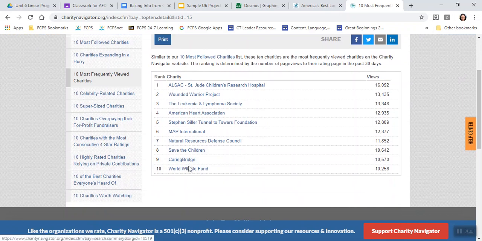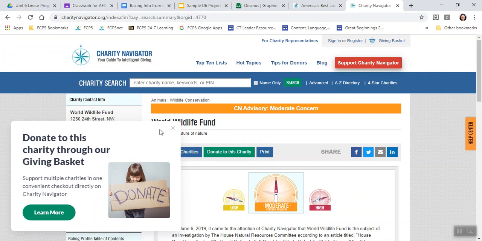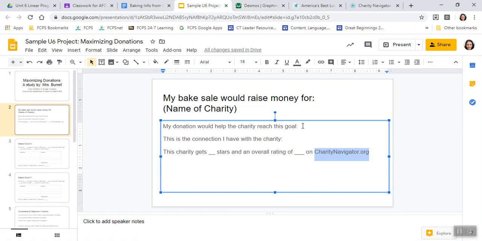So I like to help animals, so maybe I'll choose the World Wildlife Fund. So I got that there. Okay, so I'm going to put the World Wildlife Fund on here. And the connection I have is I love animals.